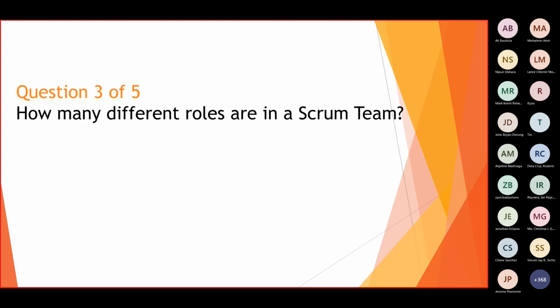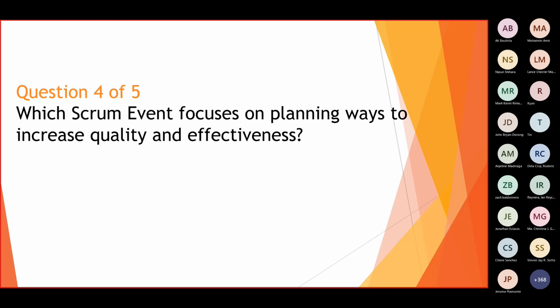All right, so question number 3: how many different roles are in a Scrum team? We already mentioned them a few times in our presentation. All right, I can see 3 in the answers, and that's correct. We have the product owner, the Scrum Master role, and the developers as well. So thank you. And then the fourth question: which Scrum event focuses on planning ways to increase quality and effectiveness?